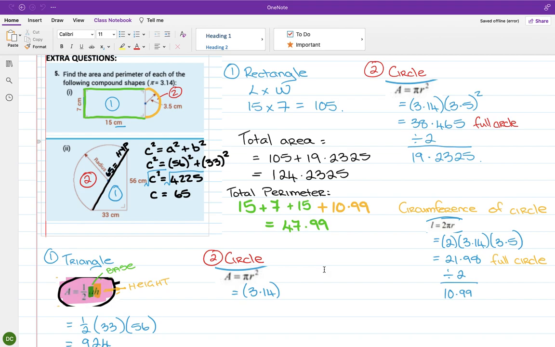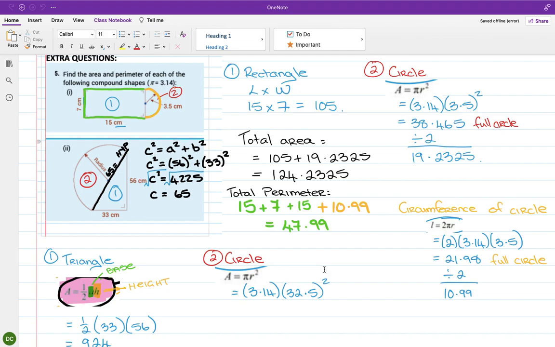Okay, and that line is actually the diameter. So the diameter is 65, which means the radius is half of that. So the radius, if I go back down, is 32.5, and we have to square it.